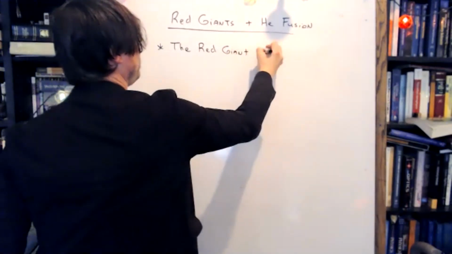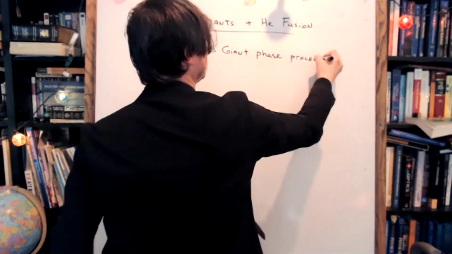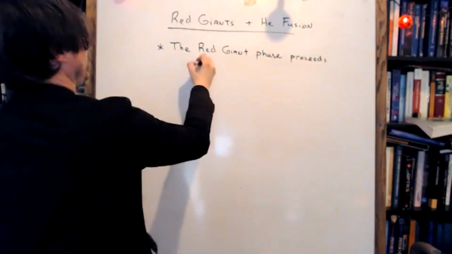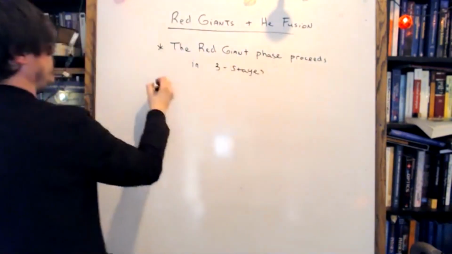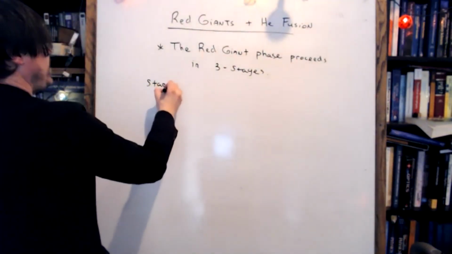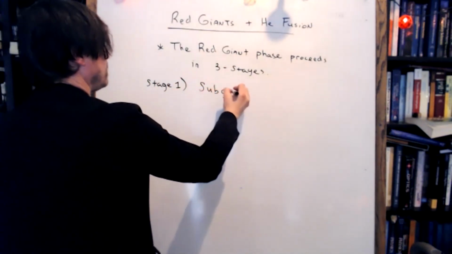The red giant phase of a star's life proceeds in 3 stages.